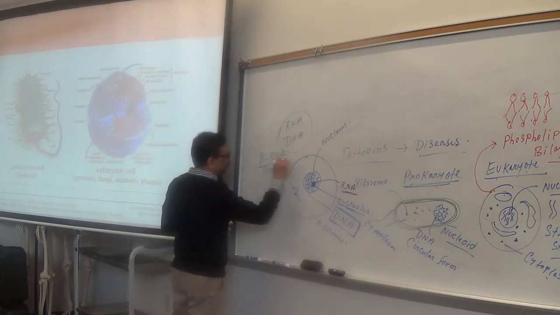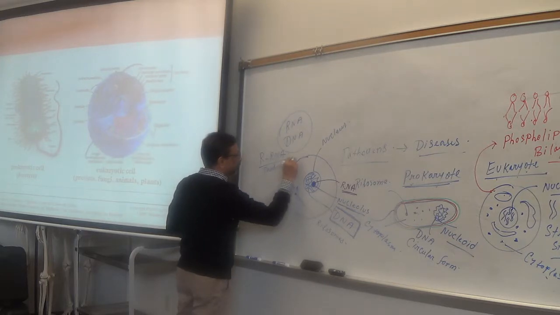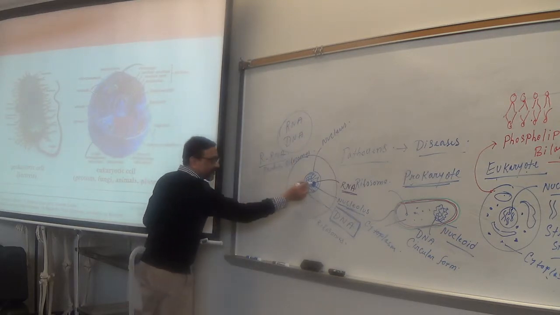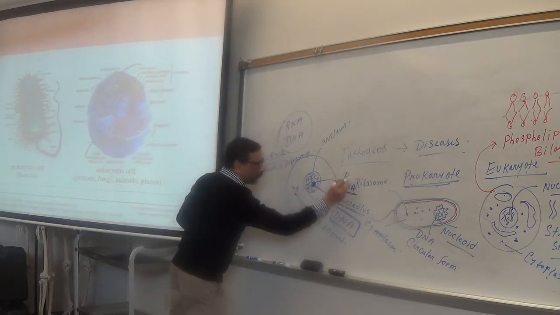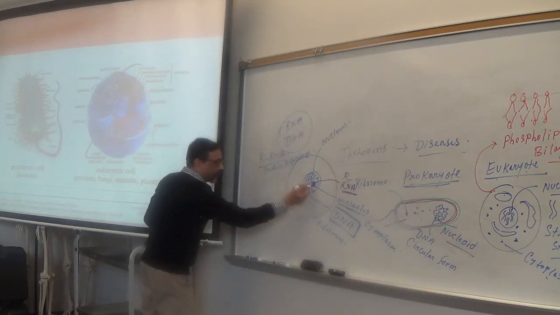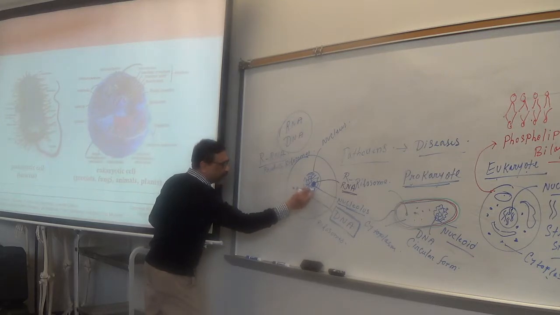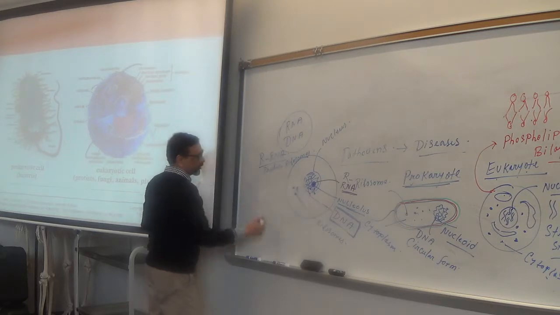That's why it's called ribosomal RNA. Ribosomal RNA produces ribosomes. So this ribosomal RNA here produces ribosomes, and those ribosomes come out through the nuclear pores. We have pores or holes, so the ribosomes come out and enter the cytoplasm.